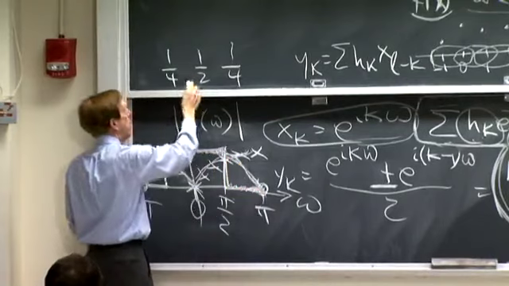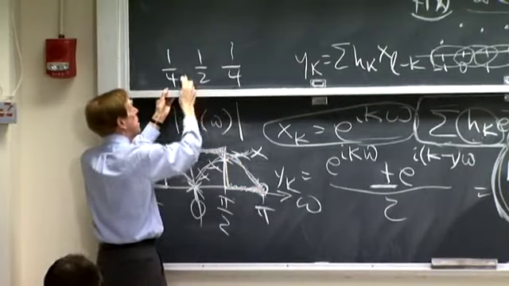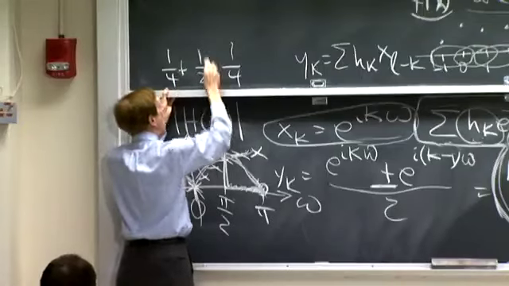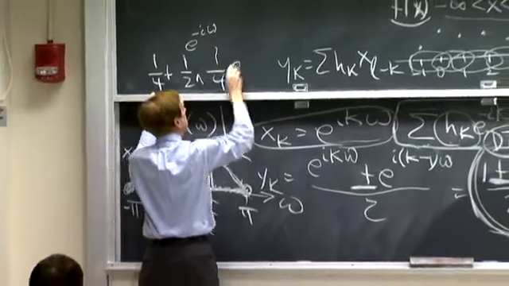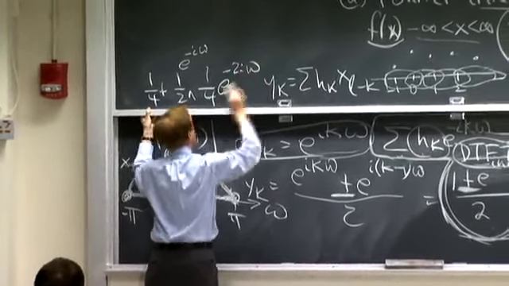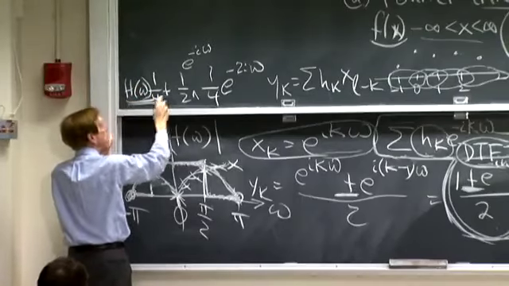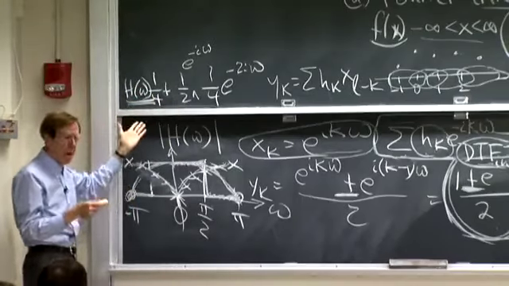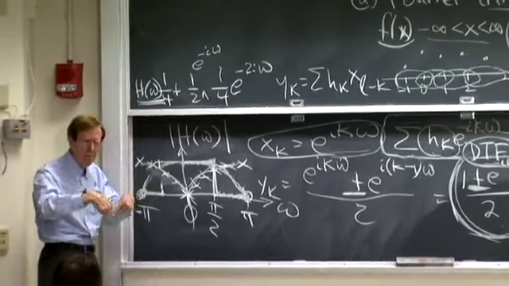If I plotted, no, so what do I mean by those are the H's? So I would take 1/4 plus 1/2 e to the minus I omega plus 1/4 e to the minus 2I omega. This would be my better H of omega. This would be my frequency response to a better averaging filter. Sort of, this is like averaged, right?